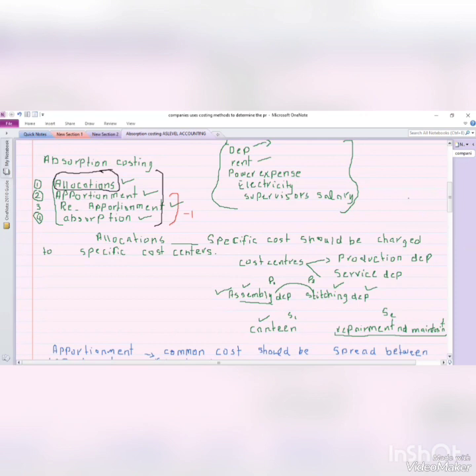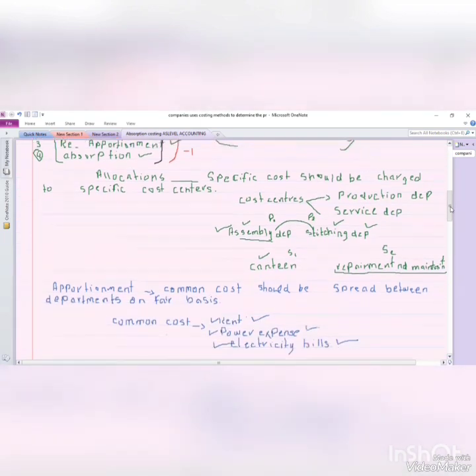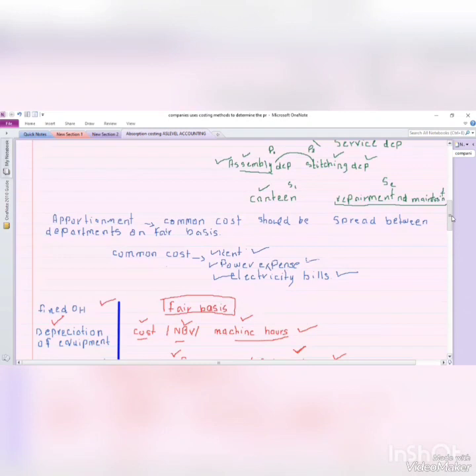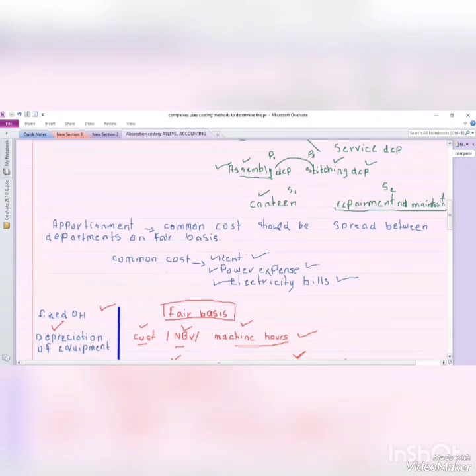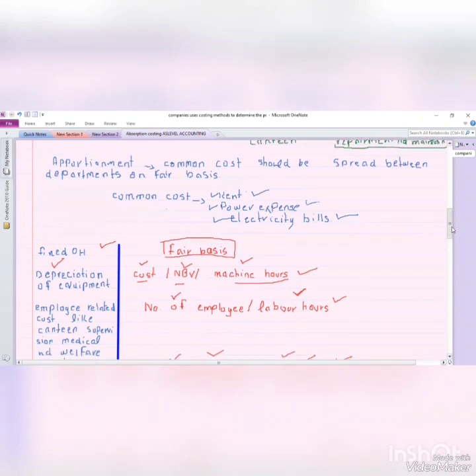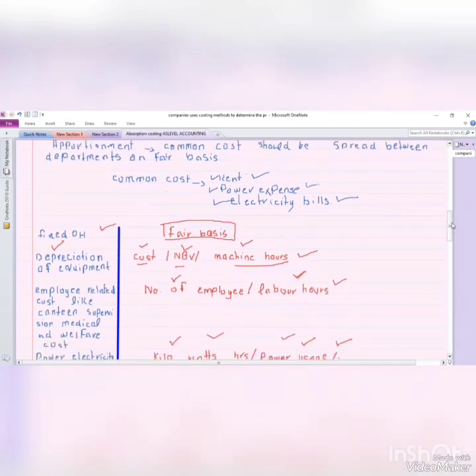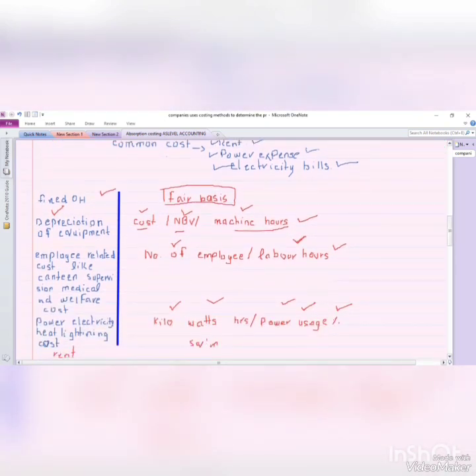I had already told you what apportionment is. Apportionment means that common cost should be spread between departments on a fair basis. There are a lot of common costs which I discussed earlier, like depreciation of equipment.